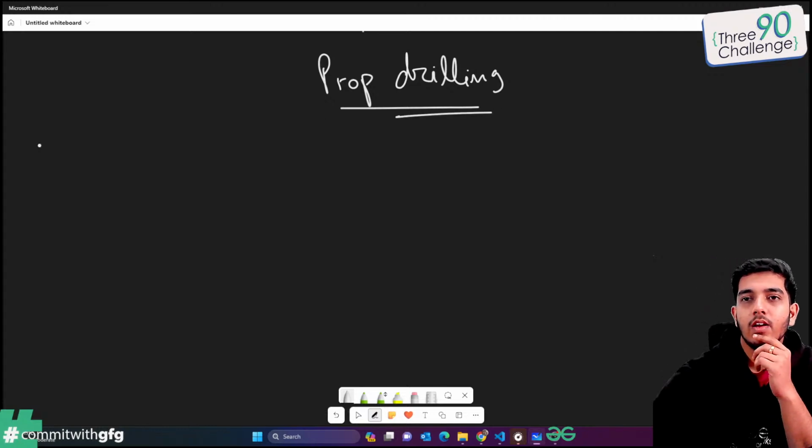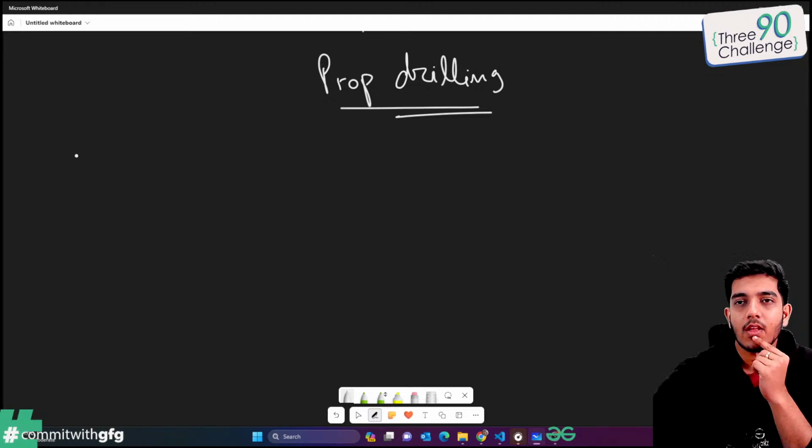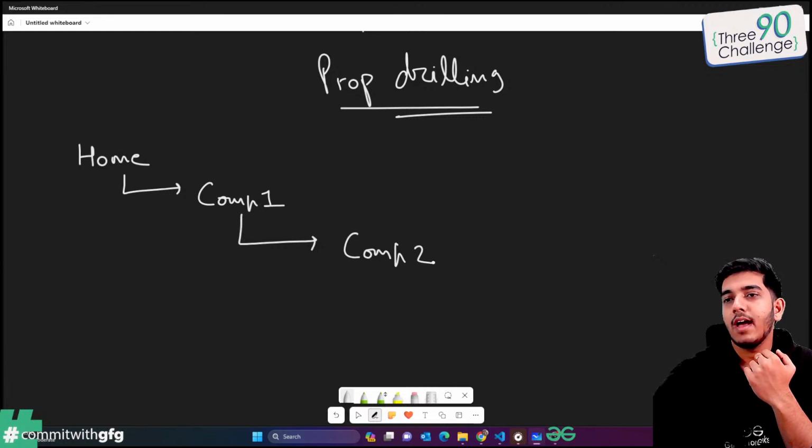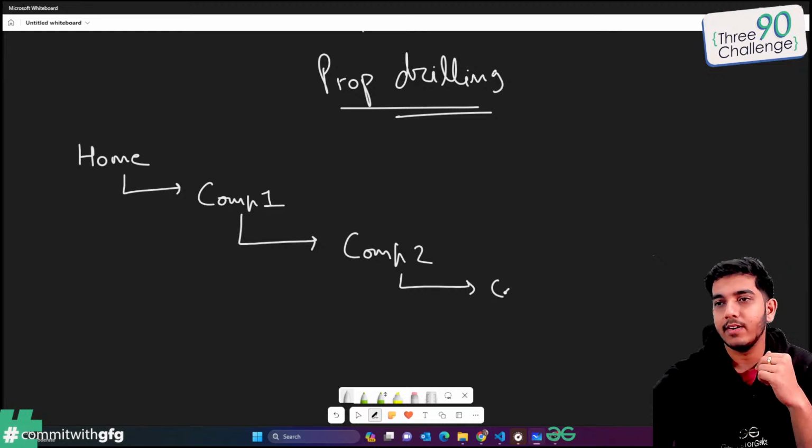Assume that you have a home component, a home page. Inside that, suppose you have a component 1. Inside this you have component 2, and inside component 2 you have component 3. That means nested components, right?